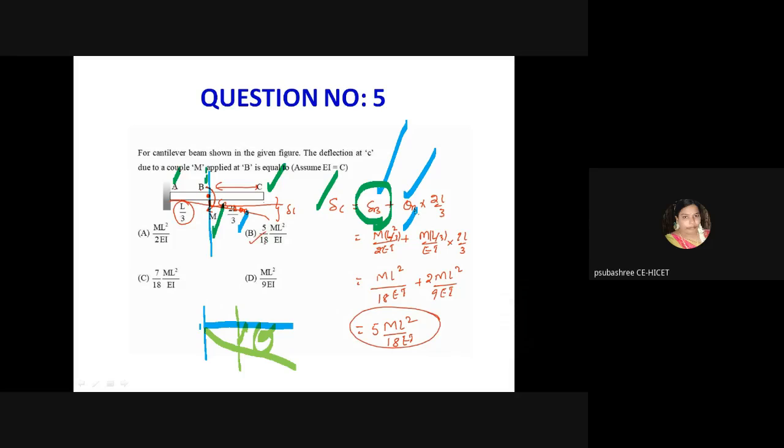So M into L by 3 the whole square divided by 2EI, plus theta B. Theta B means rotation, the slope at point B. So M L by 3 divided by EI is the slope formula, into 2L divided by 3, the length of BC. Then substitute the values. We will get 5 ML square divided by 18 EI. So option B is correct. So the deflection at C is equal to deflection at B plus theta B into 2L divided by 3.